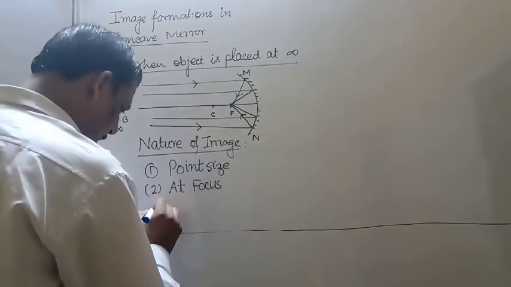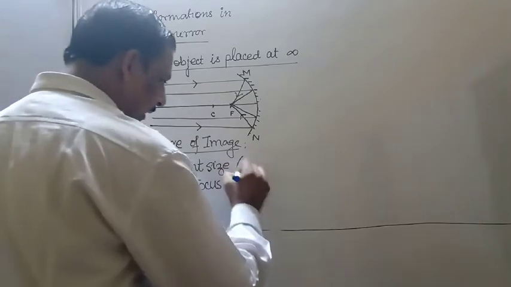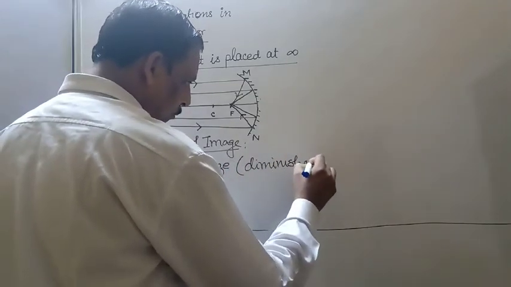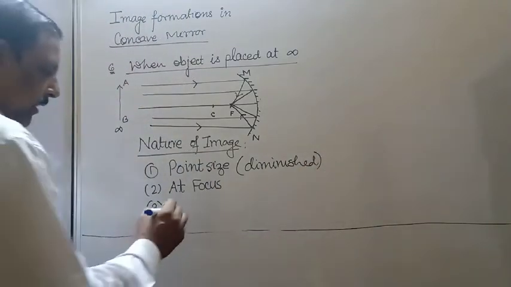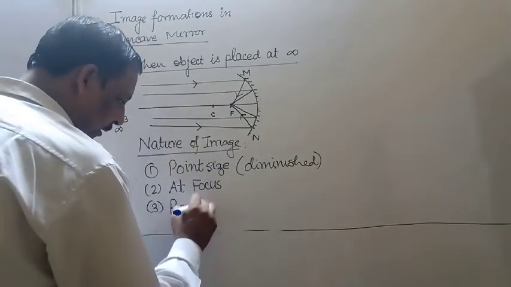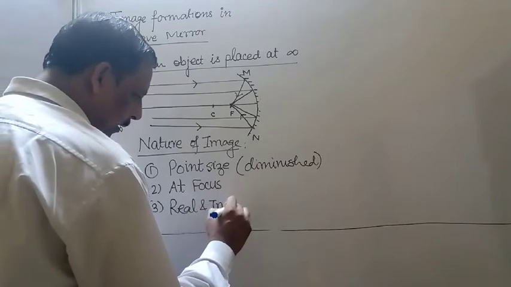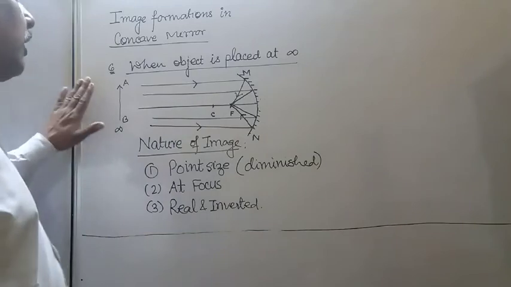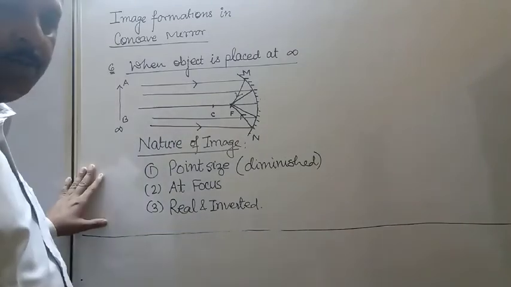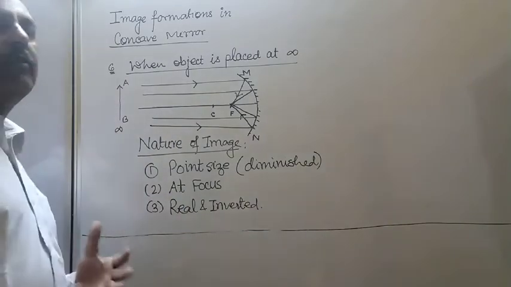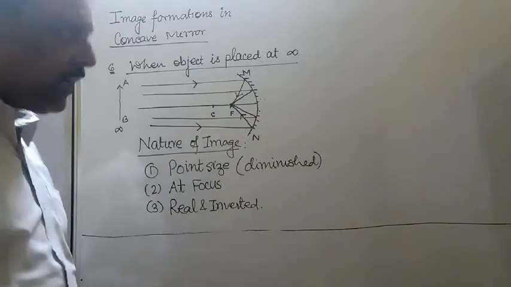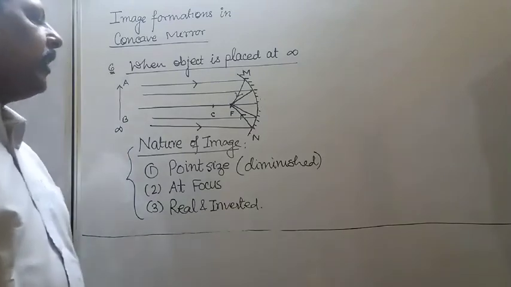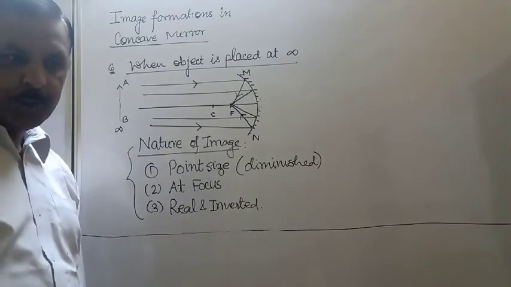And this is point size, that is called diminished, very small. And this is a real and inverted image. So you have to keep this in your mind, on what different position what type of image is forming, and what type of nature we are going to observe.